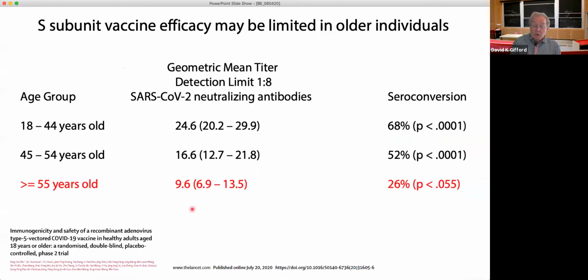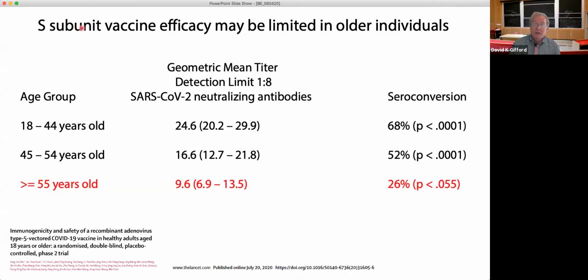Now, if you look in some of the most recent clinical trial data and you dig back in the appendices of these studies that have been published, for example, this one that came out about 2 weeks ago, you find some interesting data. This is the only study that has presented age group segregated efficacy of a vaccine based upon the S subunit.